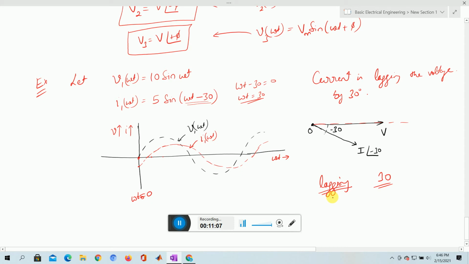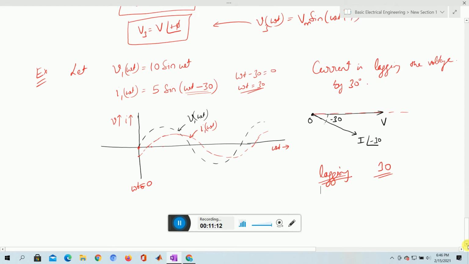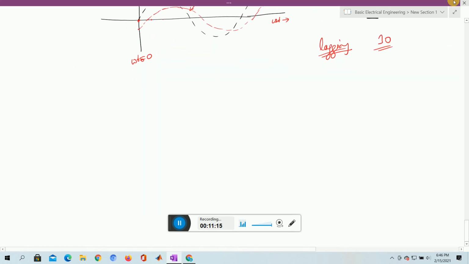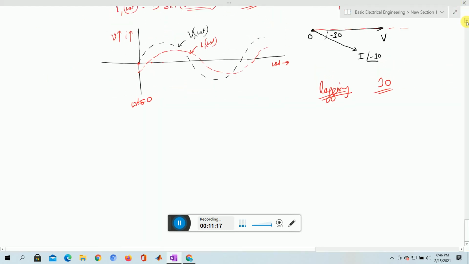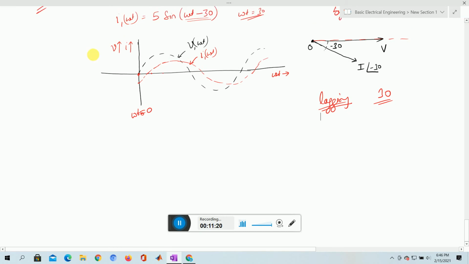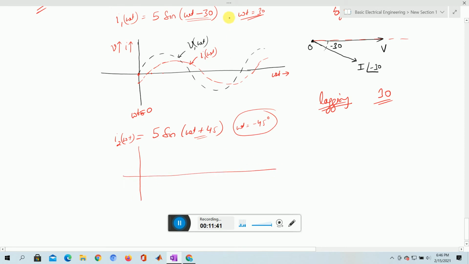And there is another term we can understand, called leading. The leading term will come when, instead of having the current equation like that, you have a current equation like I2 of omega t equals 5 sine of omega t plus, let's say, 45 degrees. Obviously this means that the waveform is going to start at omega t equal to minus 45 degrees.